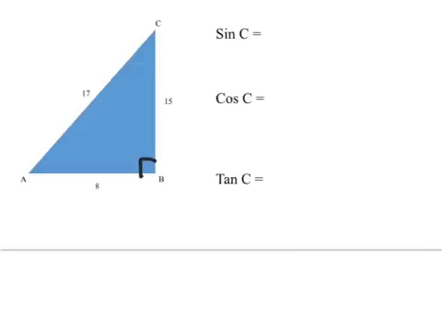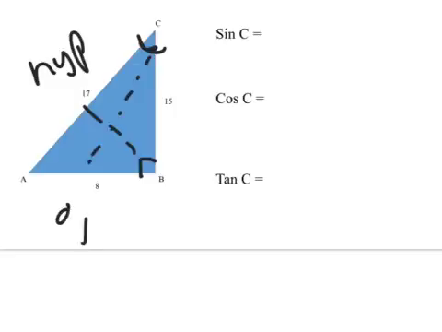So example 2, we have sine of C, cosine of C, and tangent of C. So we'll go ahead and label our triangle. Across from the right angle is our hypotenuse side. And our specified angle in this triangle is angle C up here at the top. So across from that angle is our opposite side, which leaves the side that's labeled 15 as our adjacent side.